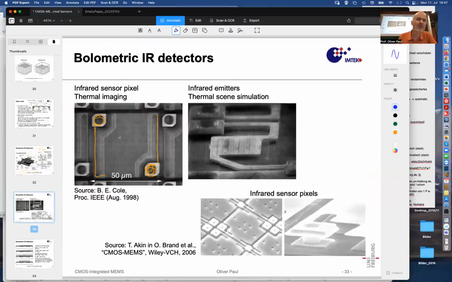Let me draw that pixel maybe in color. So this is basically the absorption structure here. Of course, this line is also sitting on some material, a little beam of material, but the absorber is here separated from the beam by a gap.